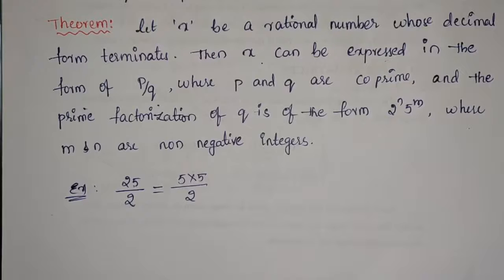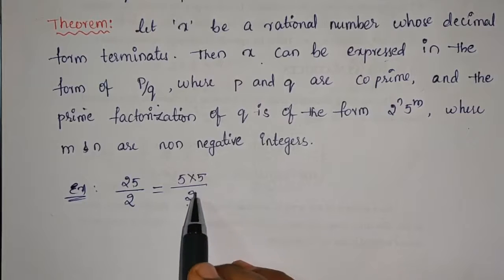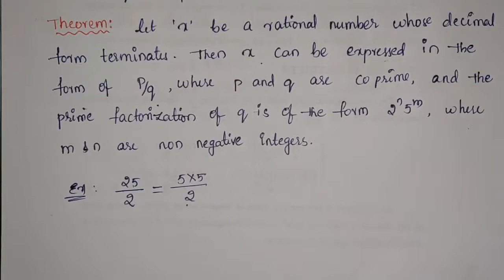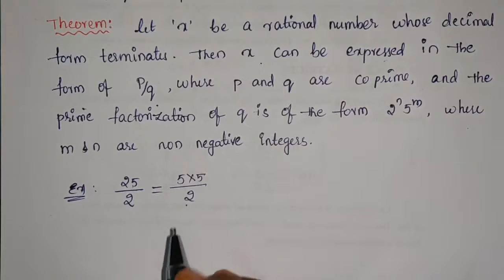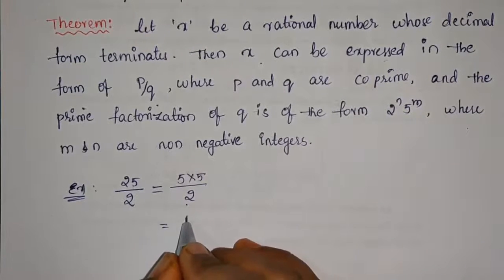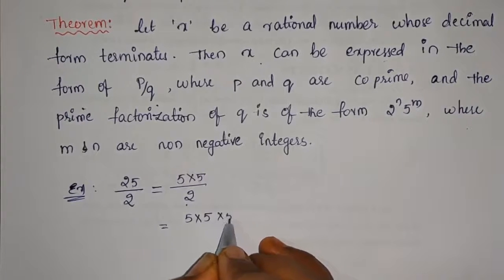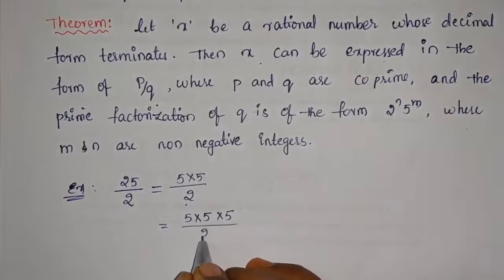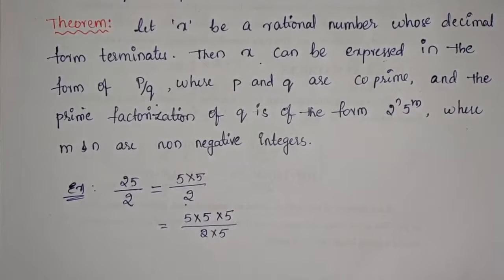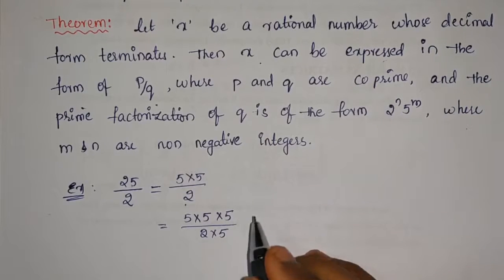To convert like that, we already have the 2 power n form, and we need another 5. So I am multiplying and dividing with 5. Here 2 power 1 is there, so we can write another 5 power 1. So we will get 5 into 5 as it is, and another 5 I am multiplying and also dividing. Clear?